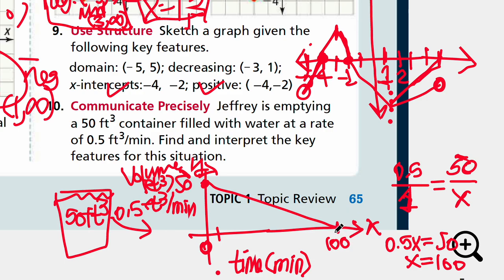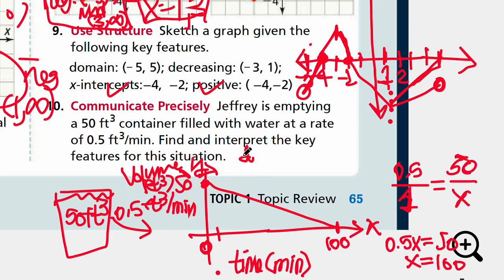So that is your domain, from 0 to 100, and it's going to include 0 and 100 because it's part of your context. When time is exactly at 0, that's when Jeffrey didn't even start emptying. So it does mean something. And when it's exactly 100, he's emptied everything, right? So that's exactly the point when he emptied everything. So yes, it includes 0 and 100.